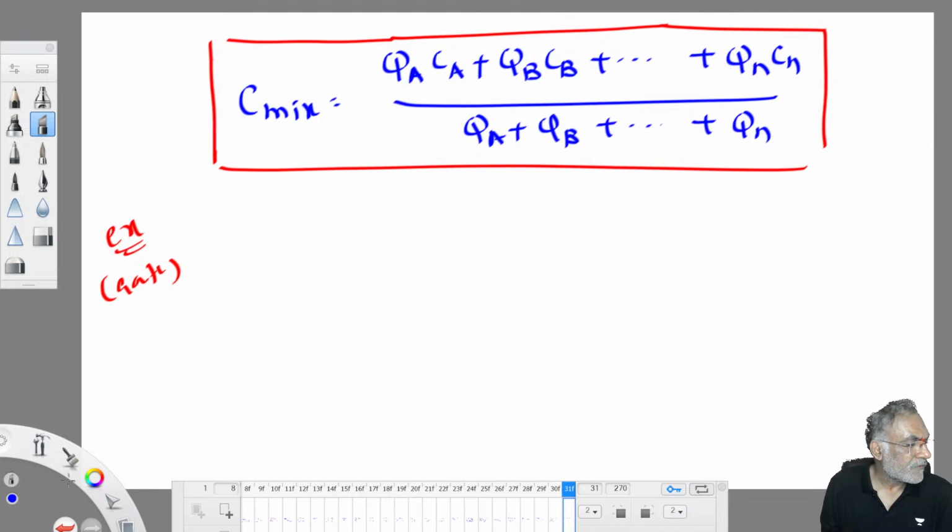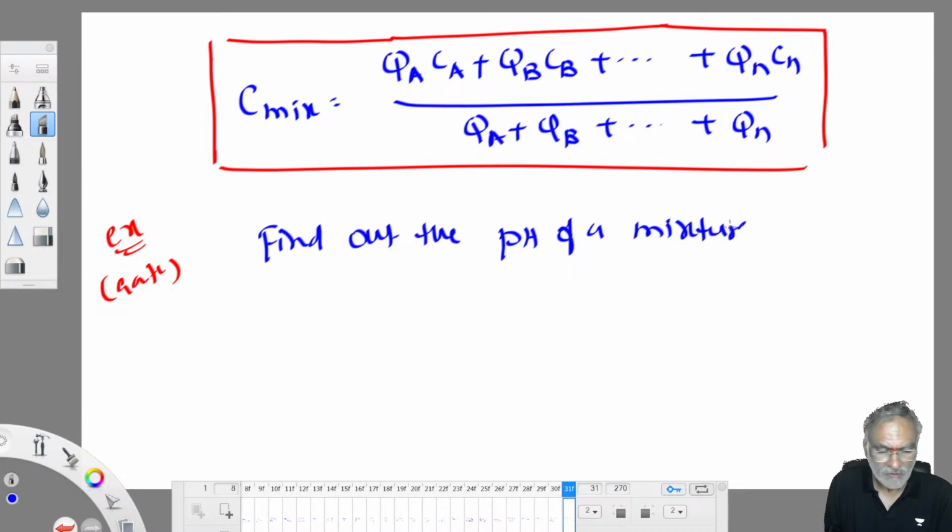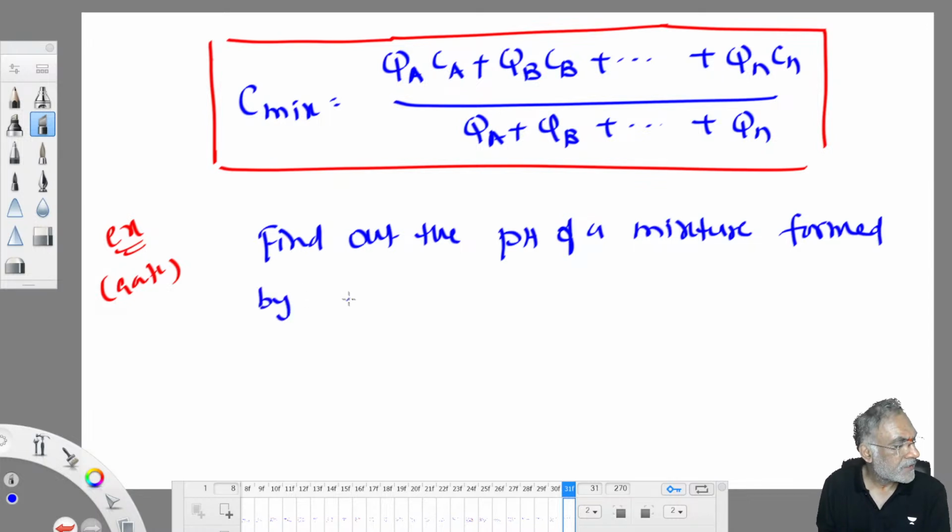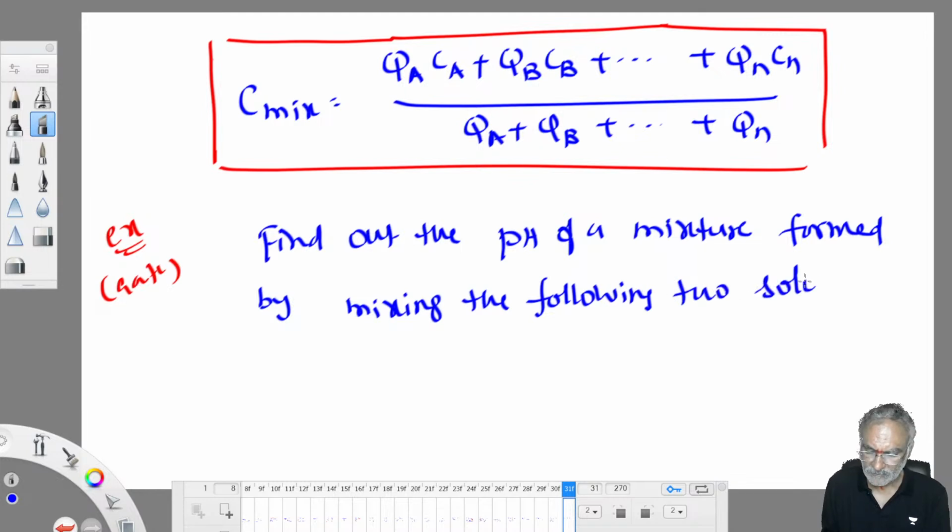Find out the pH of the mixture formed by mixing the following two solutions. Two solutions are being mixed.